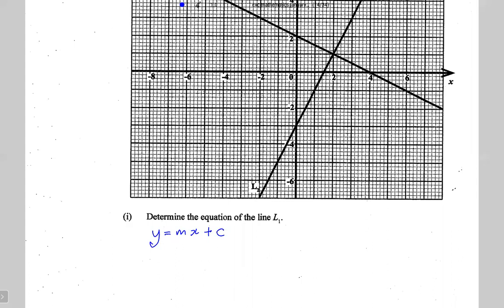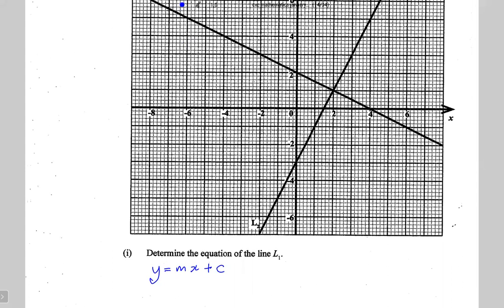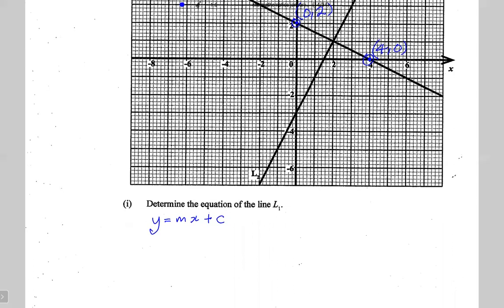So here's what we know about L1. It intersects the y-axis here, which is the point 0, 2. And it intersects the x-axis here, which is 4, 0. So we could use those 2 points and find the gradient.